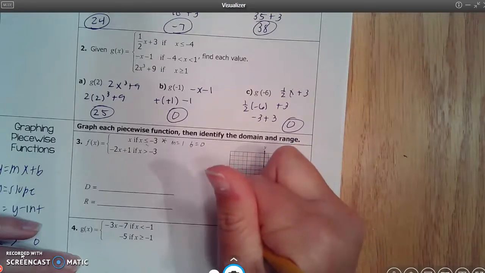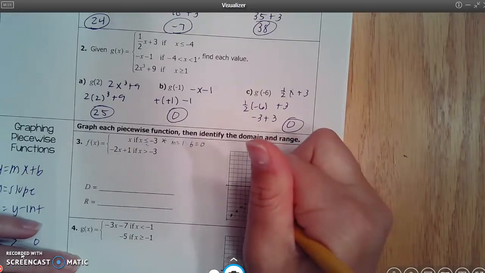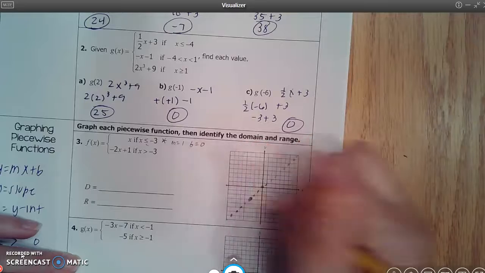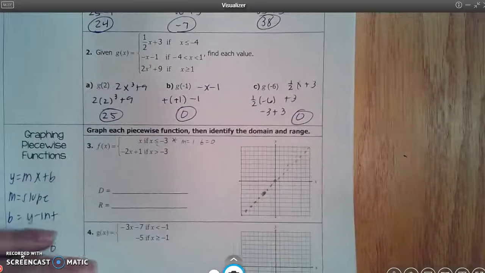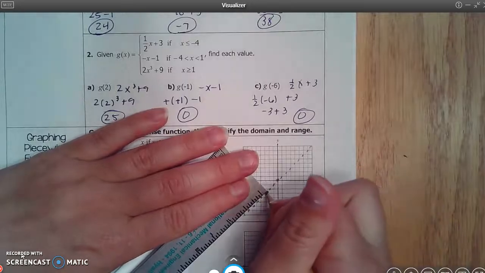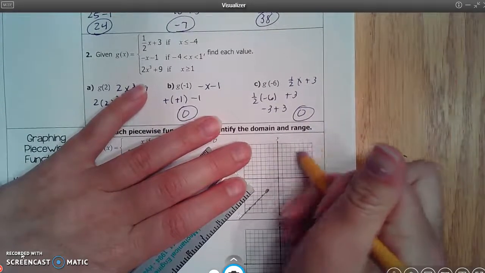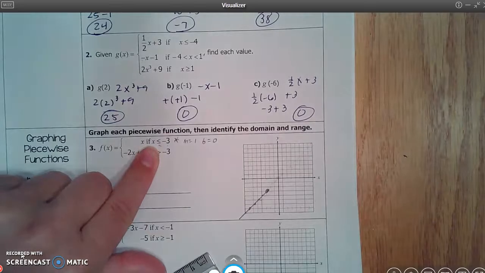Okay, better. So it means I'm going to go to x is negative 3. So 1, 2, 3. That means this is the point that I want. And I want values less than or equal to that, which means I actually only want the numbers going this direction. I don't need any of these ones because I only want numbers that are less than or equal to negative 3.